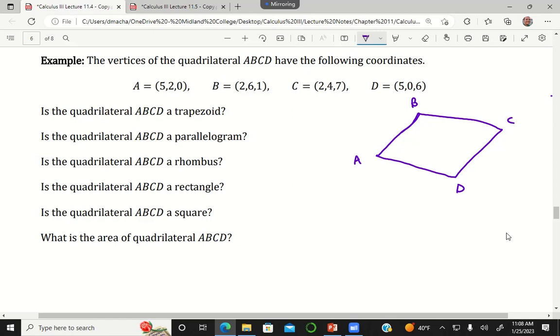If I have any 4 points in 3-dimensional space, that doesn't necessarily make a quadrilateral. You could have 4 points in 3D space that are not in the same plane, and so you wouldn't be able to connect them up to make a nice flat 2-dimensional quadrilateral. But in this case, the problem is telling us that we do have a nice flat quadrilateral with those 4 vertices.